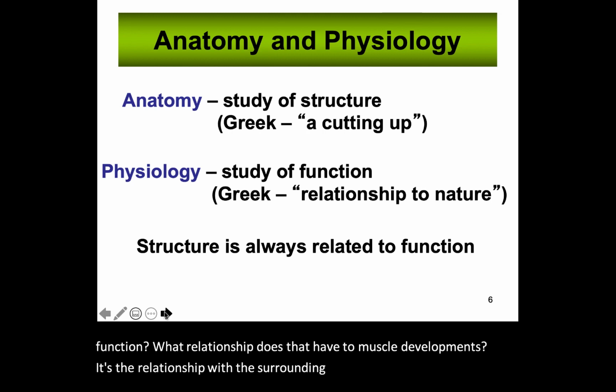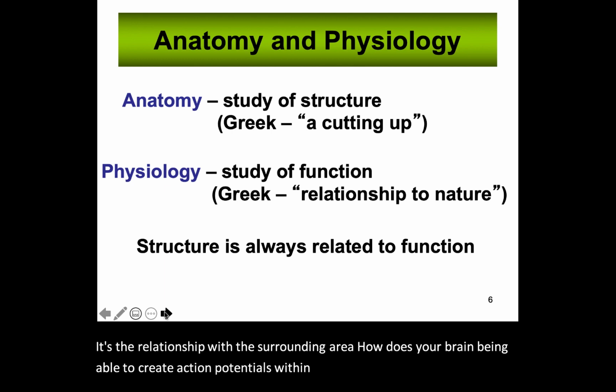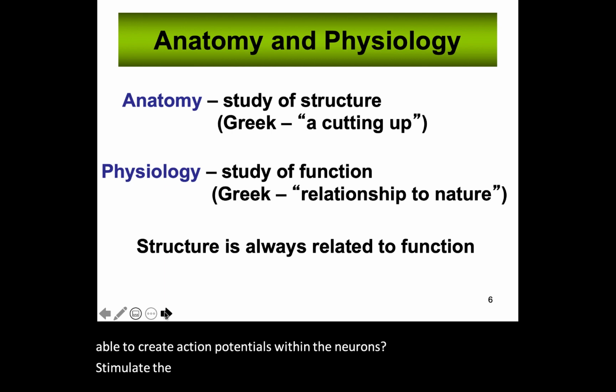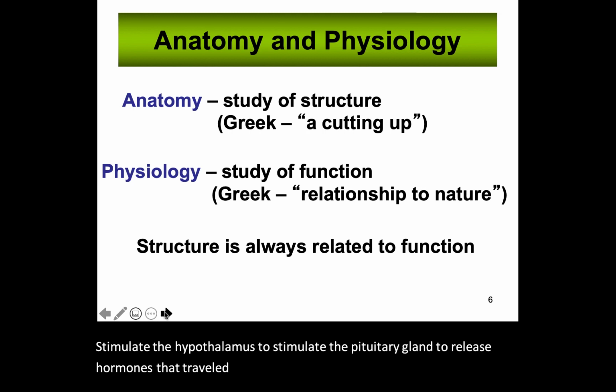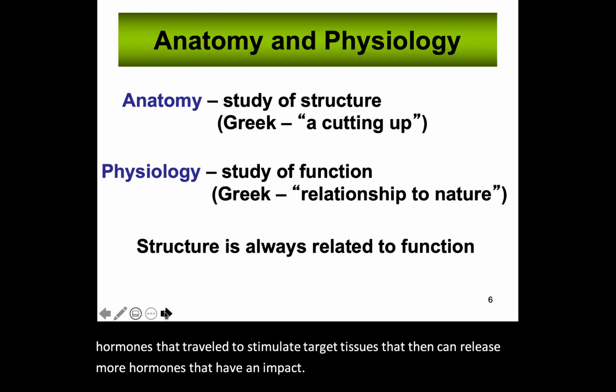How does your brain being able to create action potentials within the neurons stimulate the hypothalamus to stimulate the pituitary gland to release hormones that travel to stimulate target tissues that then can release more hormones that have an impact within the body?